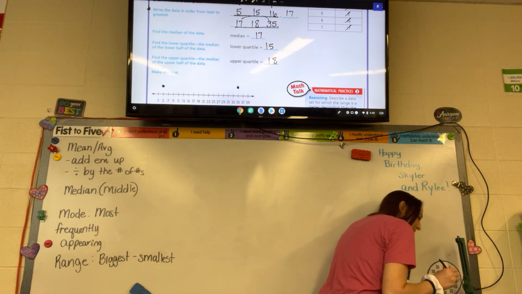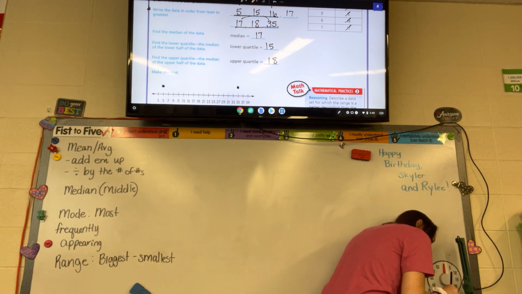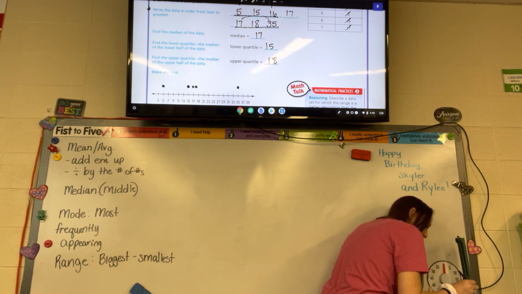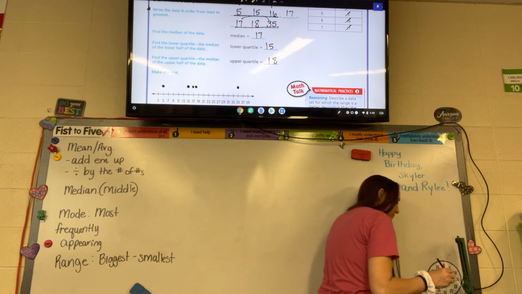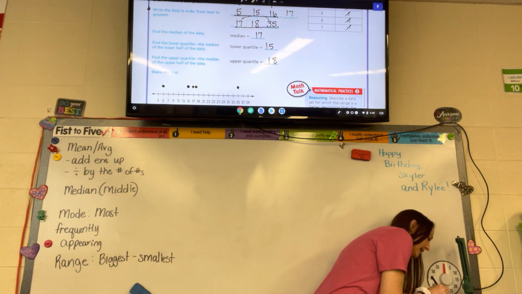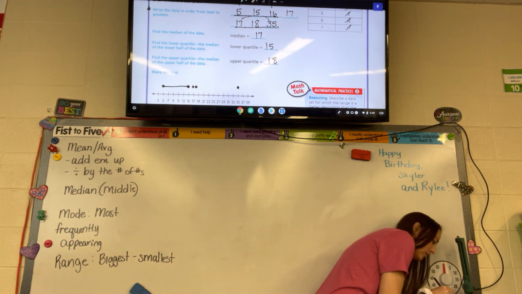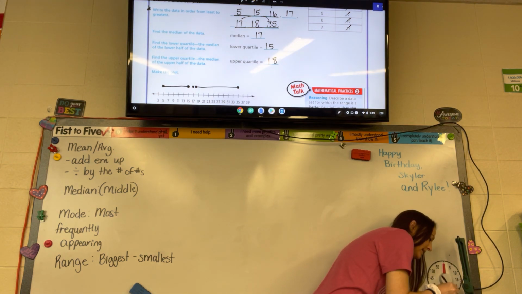And then the median was 17, so I'm going to go above 17. The lower quartile was 15, and the upper quartile was 18. For the first and last, we're going to make horizontal lines.